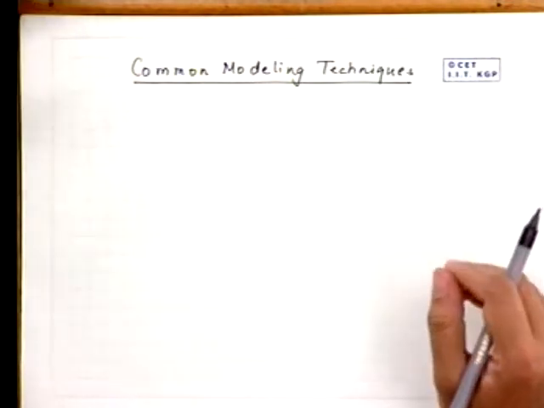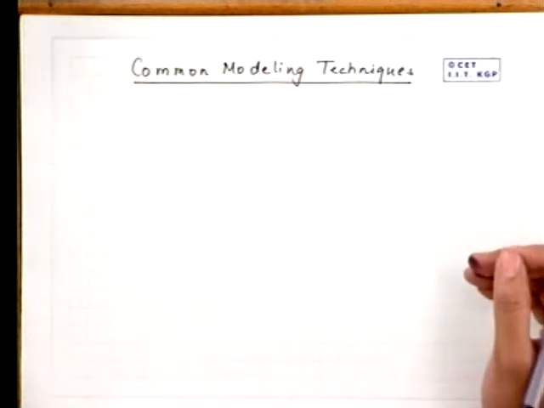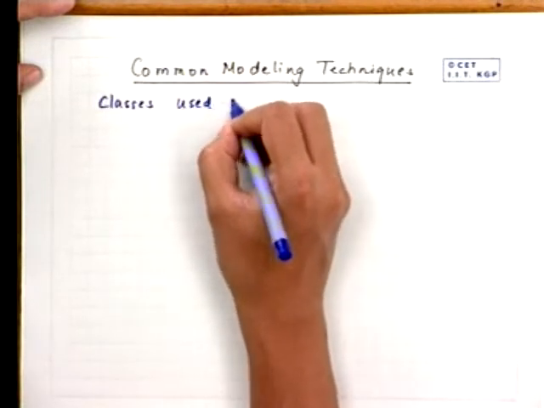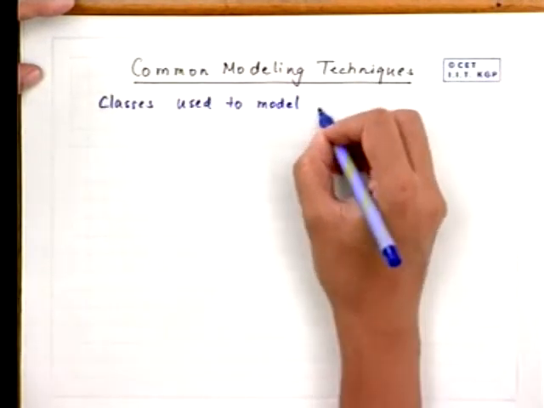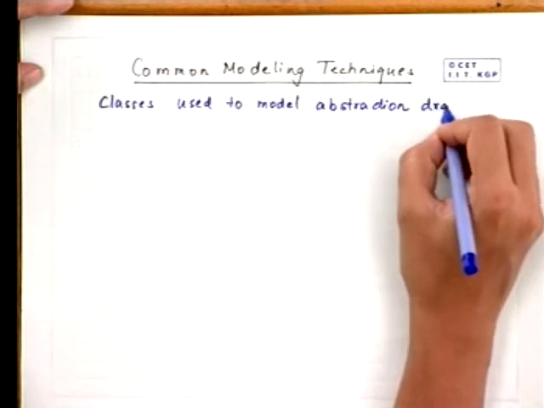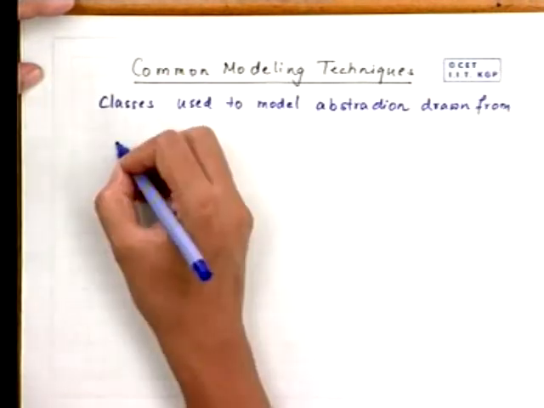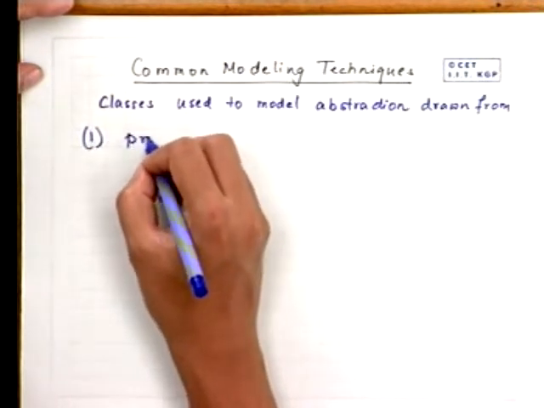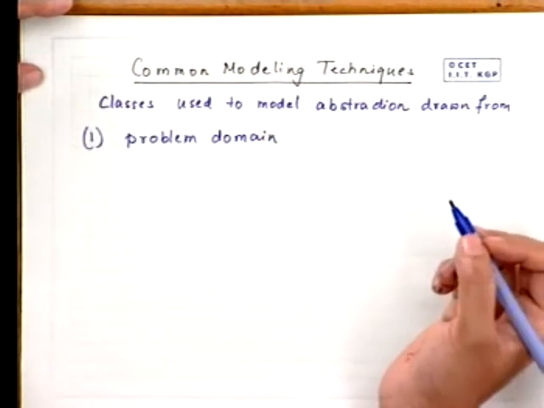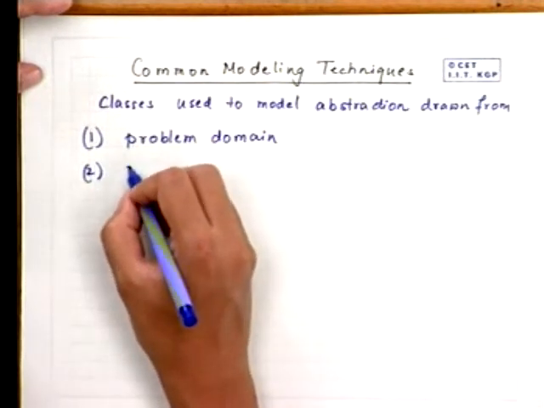Classes are the abstractions of the model, and we have already said that the classes are drawn either from the problem domain to which we want to find a solution, or from the technology we are using to implement a solution to the problem.